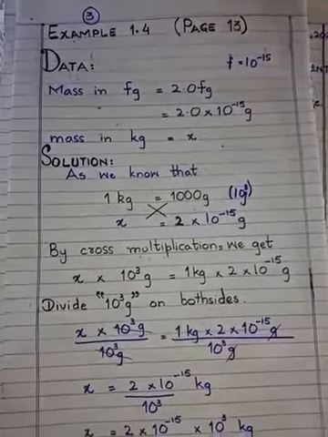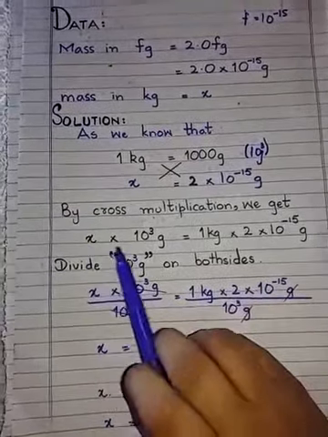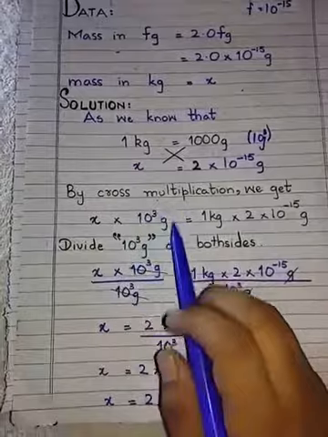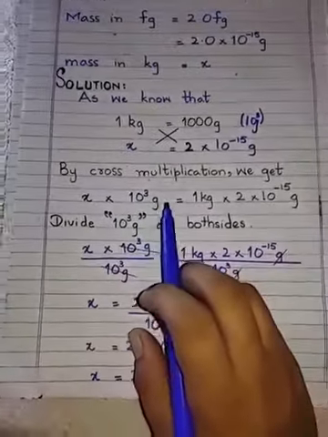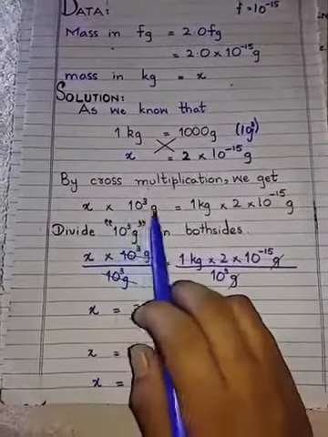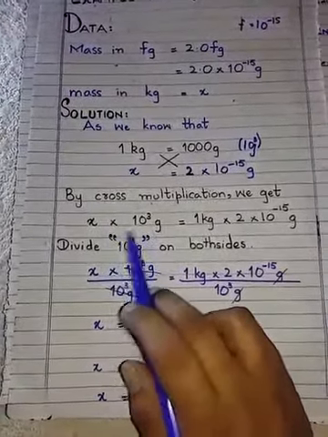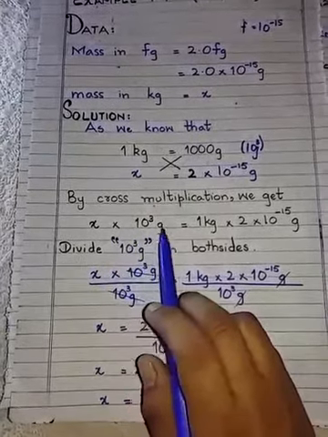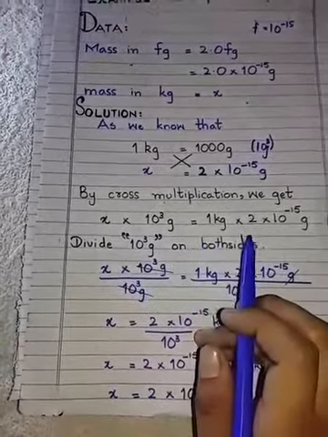Now, girls, for finding the value of x, we will eliminate the given quantity. The given quantity can be eliminated by dividing by 10 raised to power 3 gram on both sides.